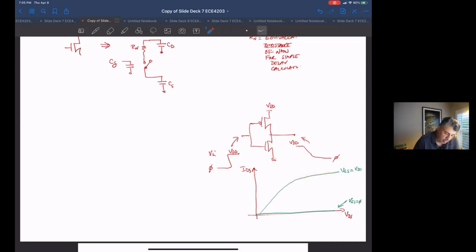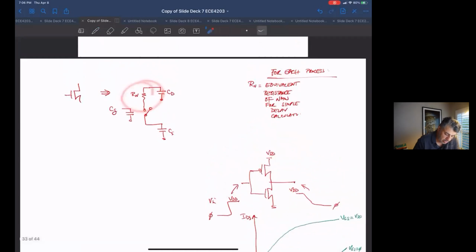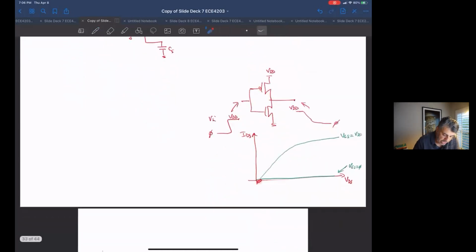Okay, so what this R sub n value is: if you wanted to pretend the NMOS was just a resistor, like we're doing here, it would be as if at each one of those points it had a particular resistance like this, right? Because resistance is equal to V over I. So sort of the inverse of this curve at any point.